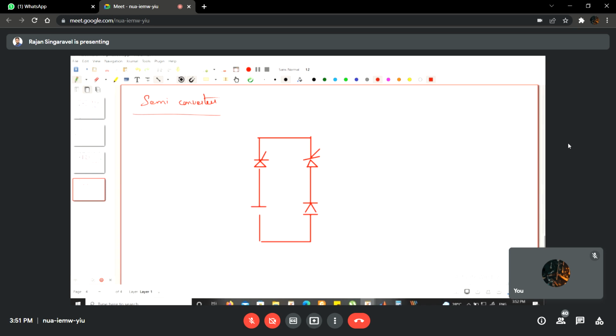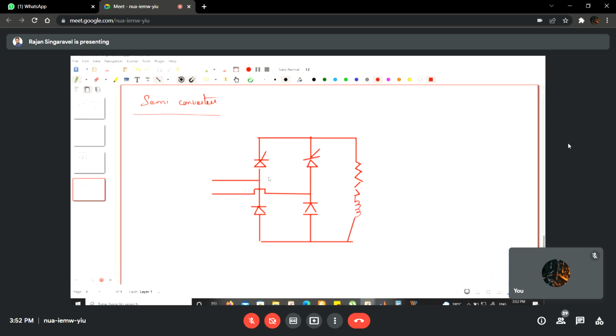This is also a diode, and we have the supply like this. We have an RL load and we have a supply.